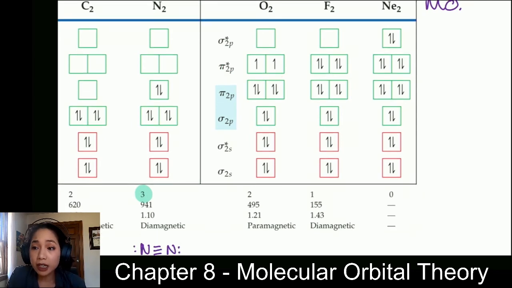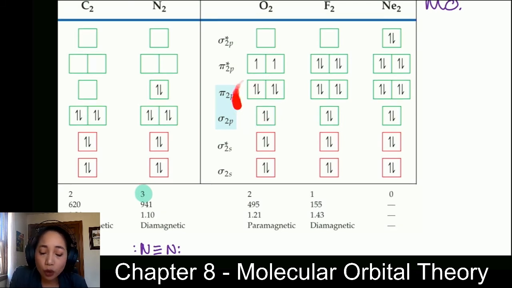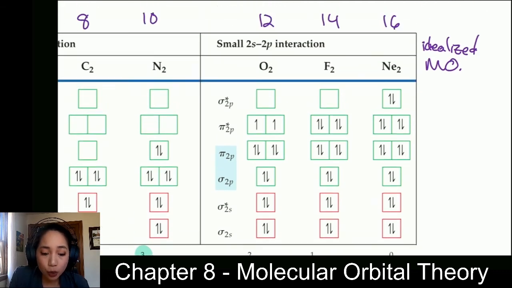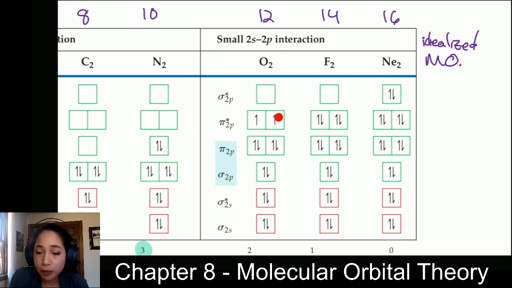So something that you see here that's a little weird is that now we don't have any more bonding orbitals to place electrons. So when we have to add 2 more electrons, we're putting them into antibonding orbitals.